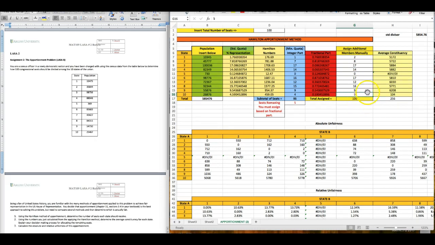Now, I want you to recognize something here, and I'm going to change these numbers slightly. Well, maybe I won't change them. But the point I want to make here is you see how we have the 0 here. Sometimes this happens. If the population is too small, you won't have any representatives. And so this is an extreme case of what the Alabama paradox is.